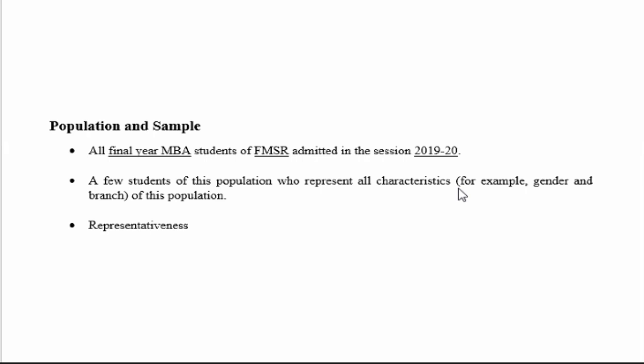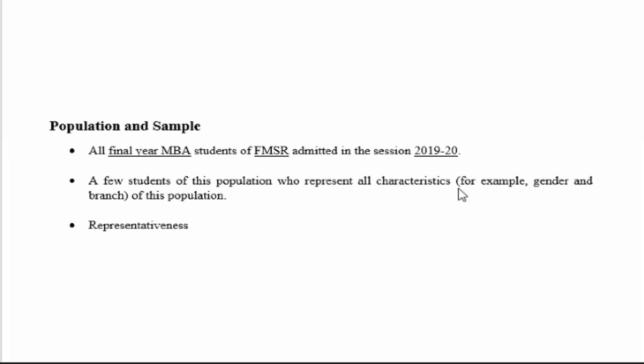For example, if you want to find out some feedback from MBA students about curriculum, about teaching, about any aspect of their stay of 2 years in the department. One way is that we distribute some questionnaire, some feedback form to all students.